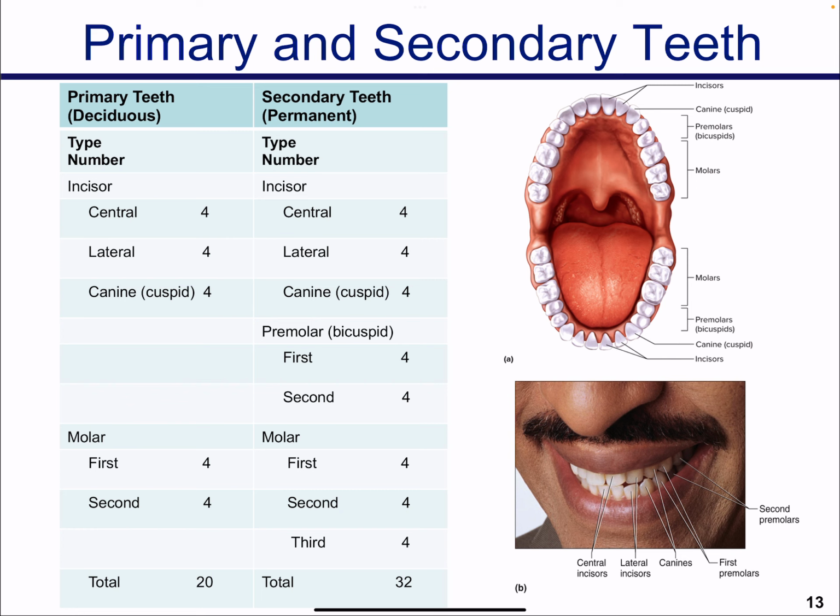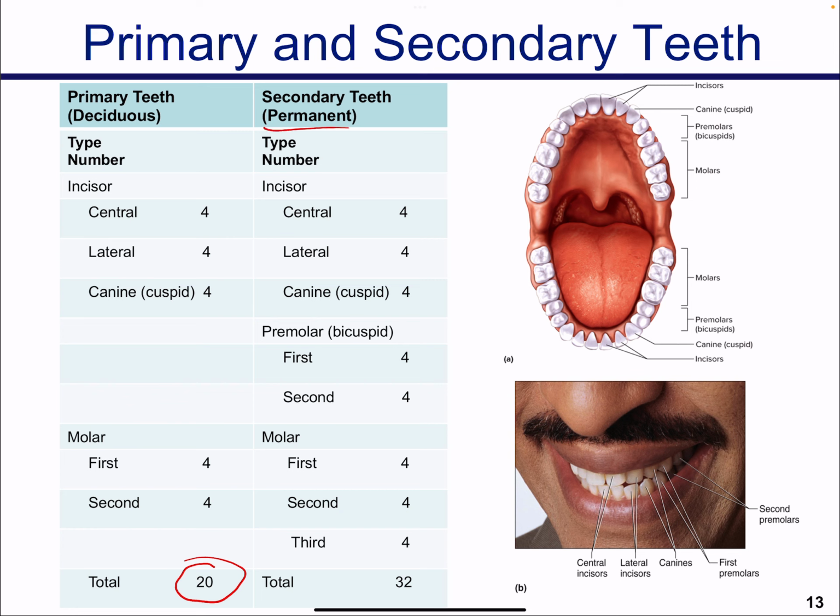Now, I'm not going to bug you with the different kinds of teeth. For instance, the incisors, the central, lateral, canine, molar. I'm not going to bug you with that, okay? I want you to remember, however, that when you are still a child, you have 20 deciduous teeth. These are teeth that you're going to lose at some point, okay? And these deciduous teeth are going to be replaced progressively, right, by permanent teeth, okay?